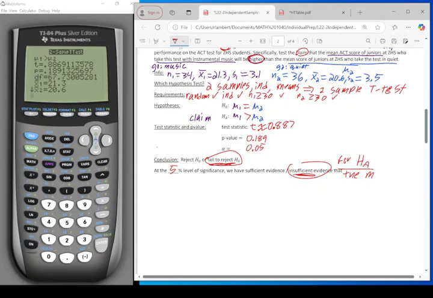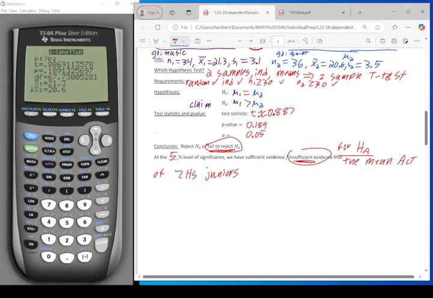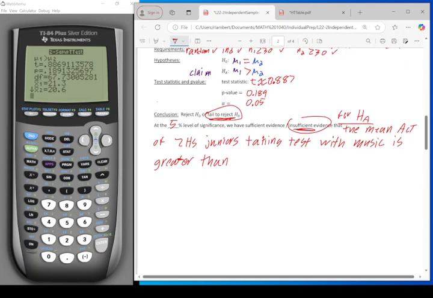We have insufficient evidence about the claim, and the claim here is that the mean ACT of juniors taking the test under music, or with music, we'll say, improves the average test score in the general population. Well, we don't know that, actually.